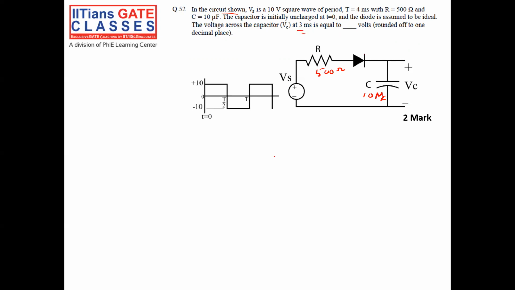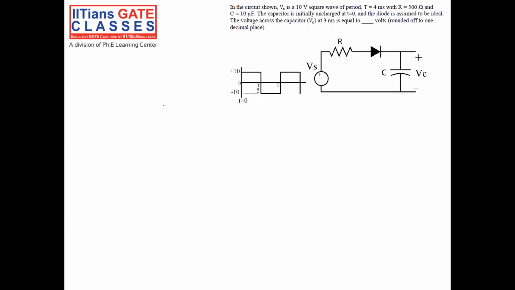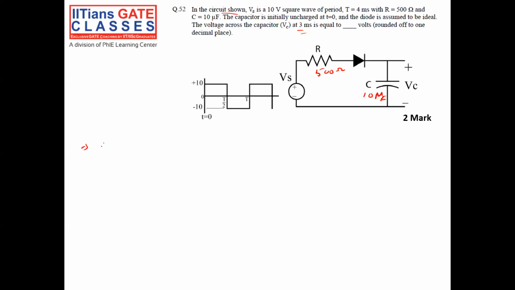So you see, time period is equal to 4 millisecond. First thing is, for 0 to T by 2, Vs is equal to 10 volt.